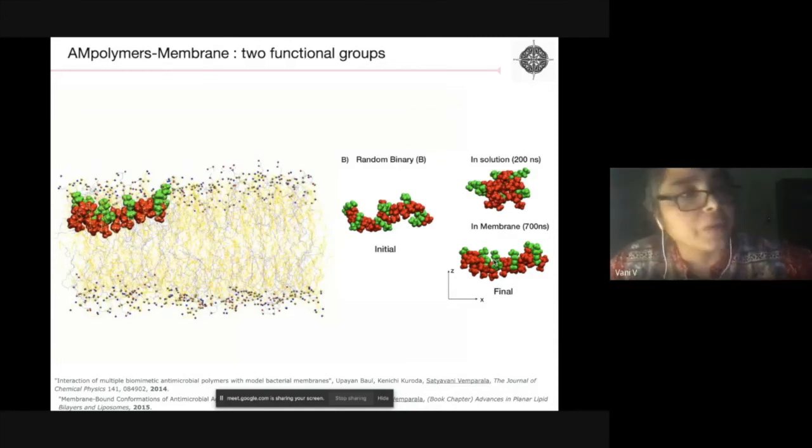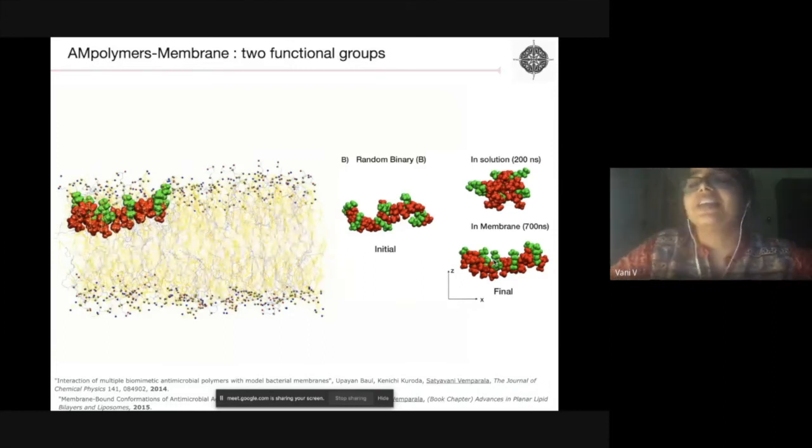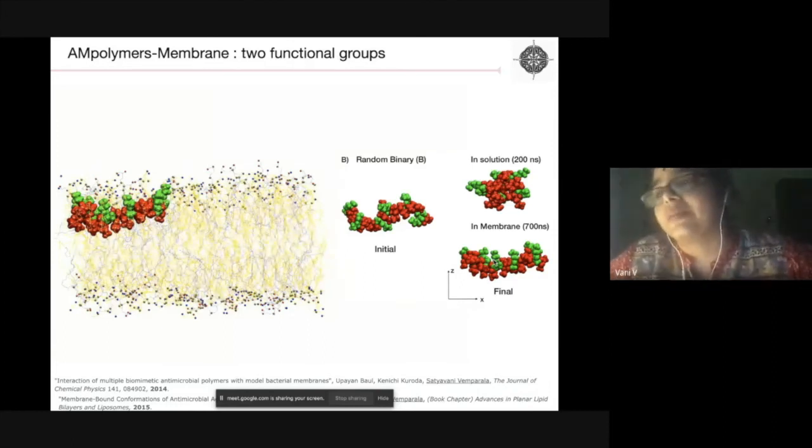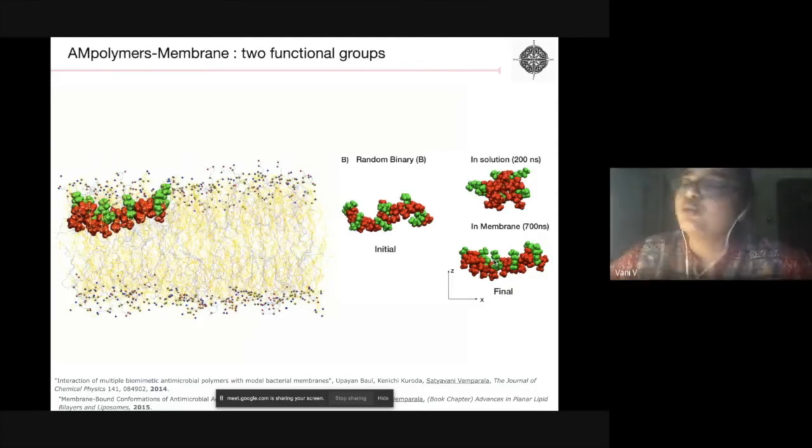And if you remember from a couple of slides back, this is one of the shapes of the antimicrobial peptide that is naturally available, with this division of positive and hydrophobic. So with a simple molecule with two groups, we can actually imitate a peptide that is naturally occurring in nature. How is it going to take the shape? I'm not showing it here, but if I pull this polymer out, it again falls back into a random copolymer.